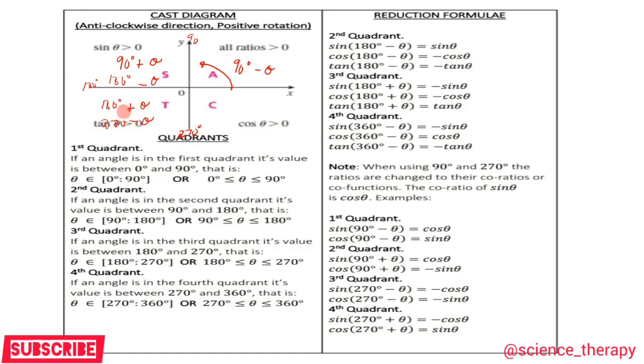But remember, when we are using our reduction formulas, we are mostly advised that we shouldn't use the 270 as our reduction formulae, as the 270 also is a cofunction, right? But then for grade 10, 11, 12, we don't use that reduction 270. Instead, we use only the cofunctions of 90, right?